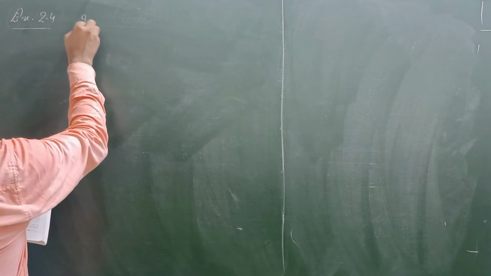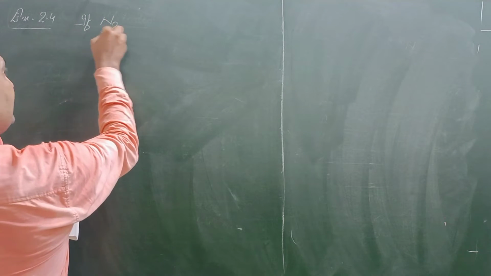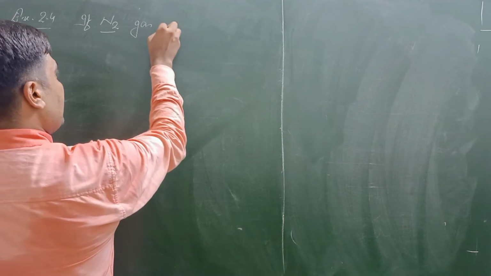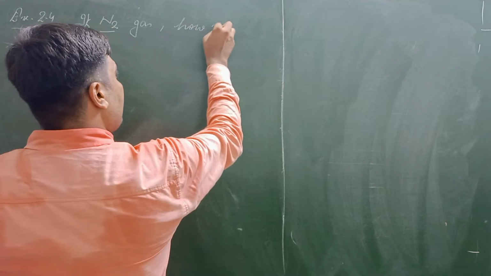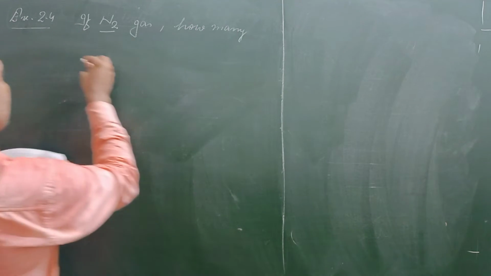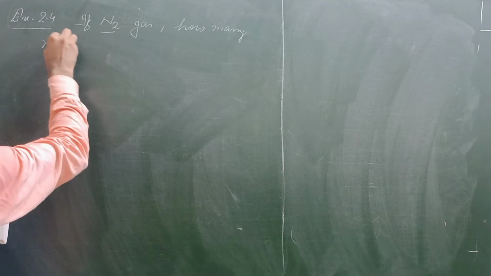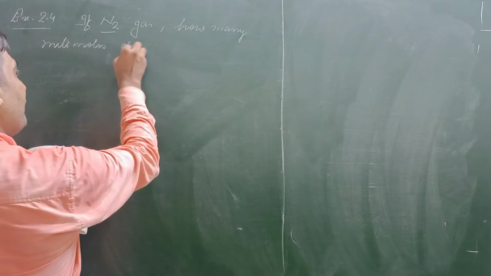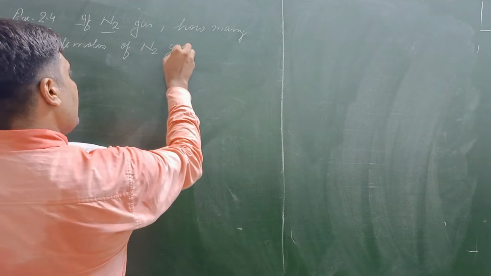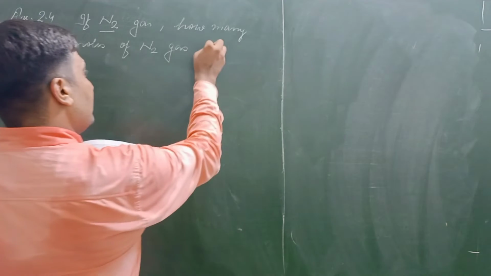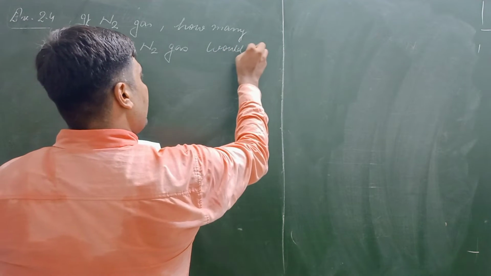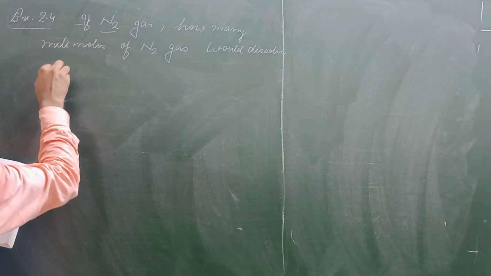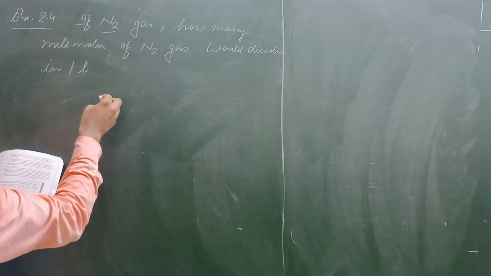If nitrogen gas is bubbled, here it is talking about nitrogen gas, how many millimoles of nitrogen gas would dissolve in 1 liter of water?